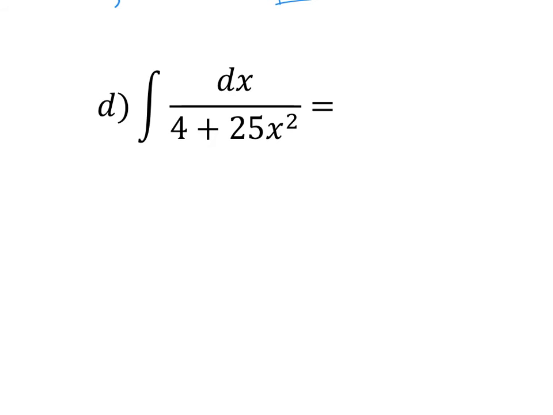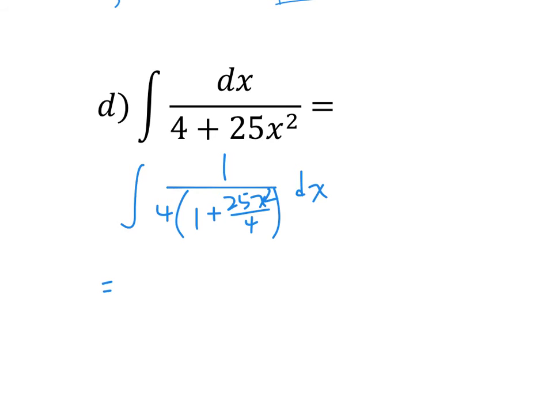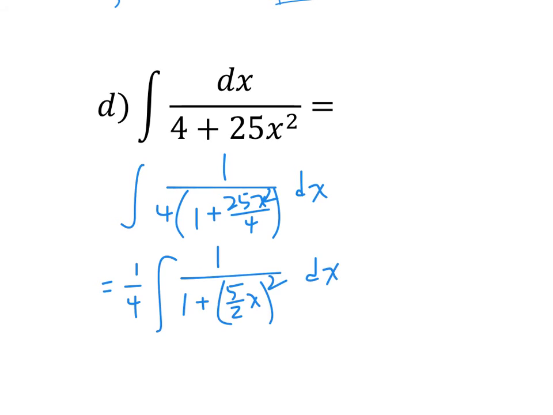If you need help getting started, please let me know. Okay, so take out the 4. 1 plus 25x squared over 4 dx. Take out the 1/4 from the whole thing. 1 over 1 plus 5 over 2 x squared dx.